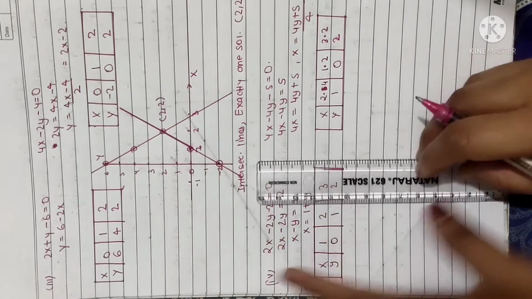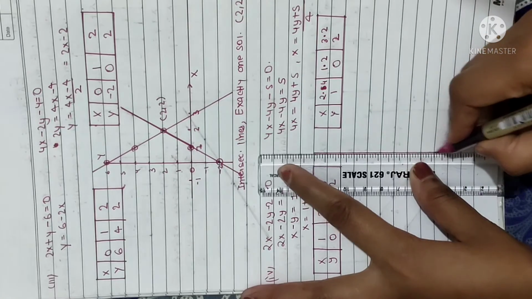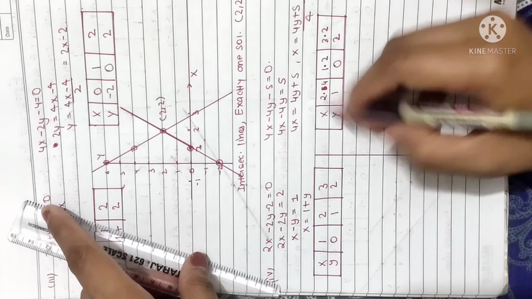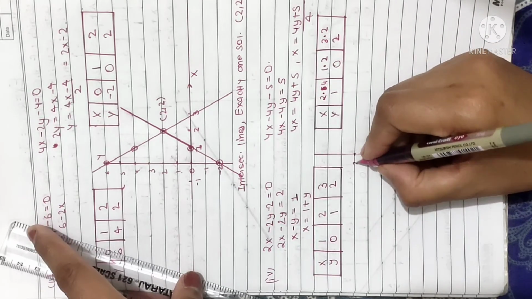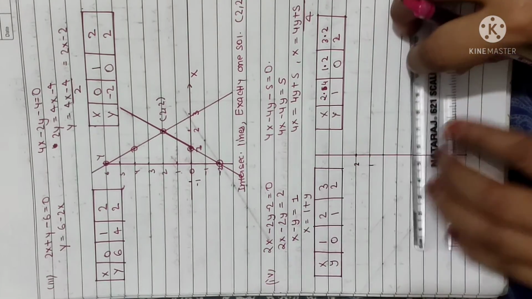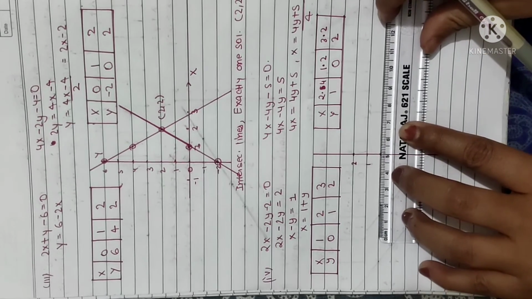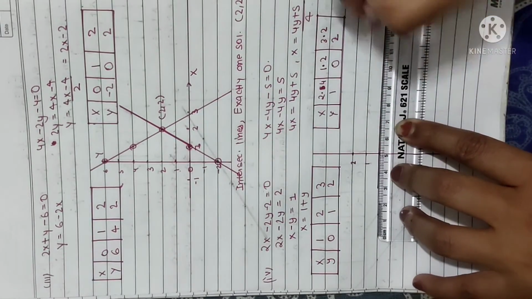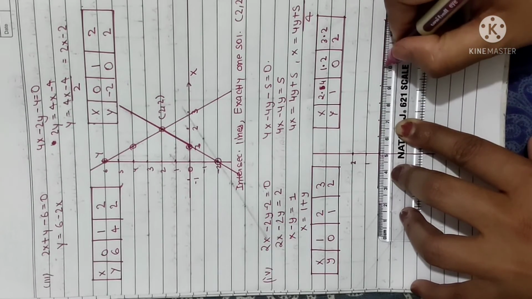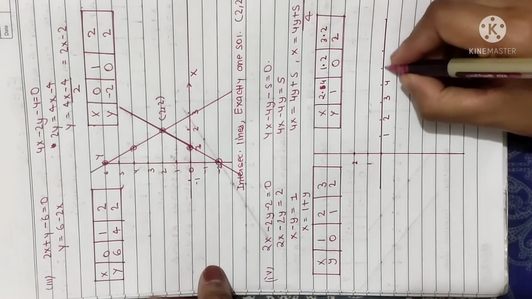If I draw the graph here, we need y maximum 2, and x not more than 3. Here 1, 2, 3, 4, 5, enough.